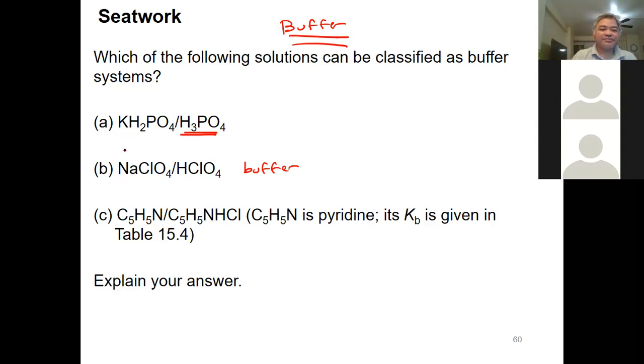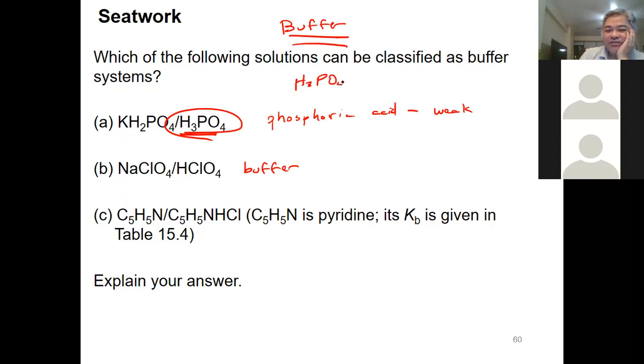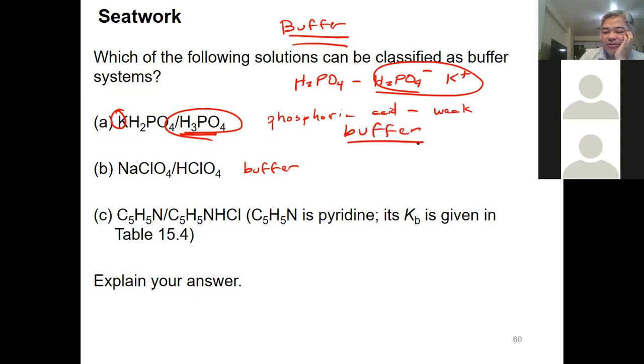What acid is this? That's your phosphoric acid. And it is weak. So if it is an acid, so that means its conjugate base is what? H2PO4 minus plus a K plus. So that makes it a buffer. Analyze.